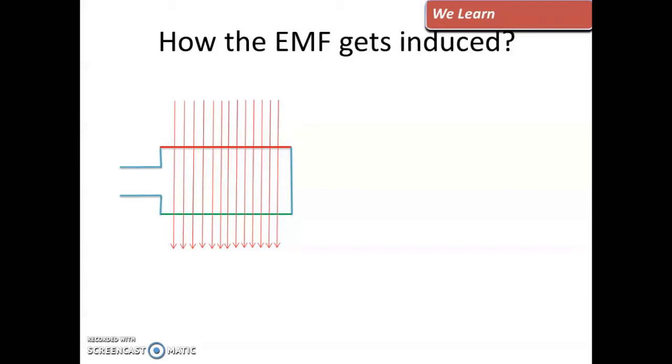Now why am I saying conductors? Let's try to understand the difference between conductor, turn and winding. The horizontal parts of this turn, the red colored line and green colored line, are nothing but conductors in which the EMF gets induced.